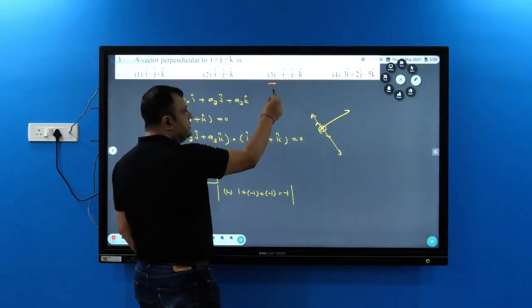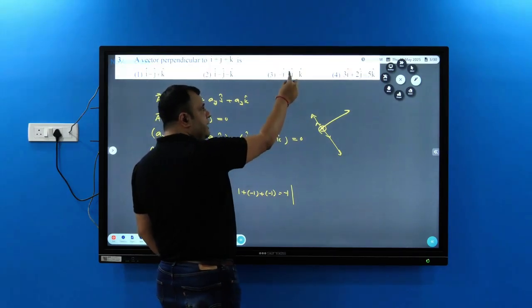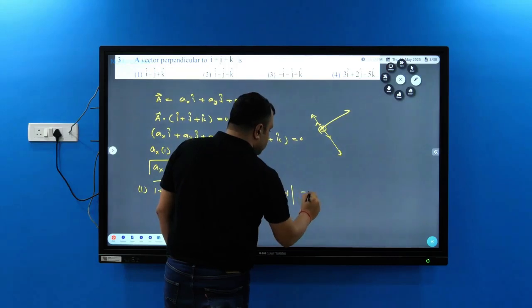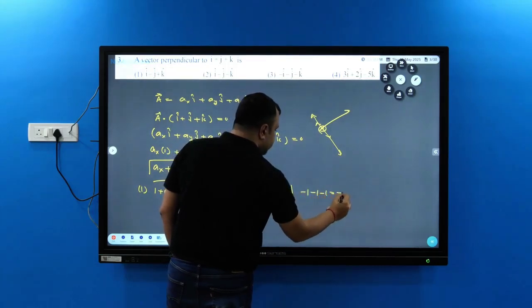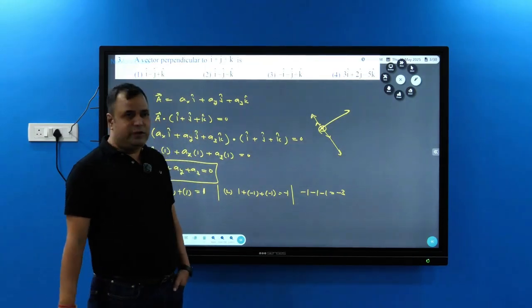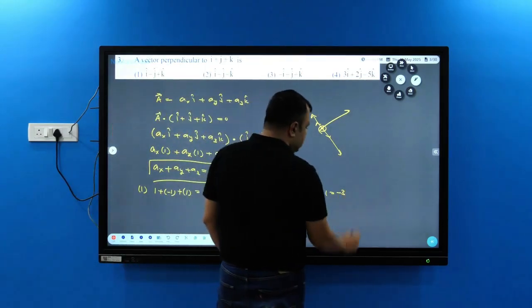If I go for this vector, Ax is minus 1, Ay is minus 1, Az is minus 1, so the sum is minus 3. Again, not 0. Only the fourth option is left, so that will be the answer, but let's check as well.